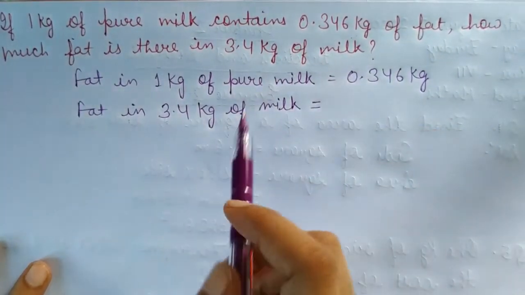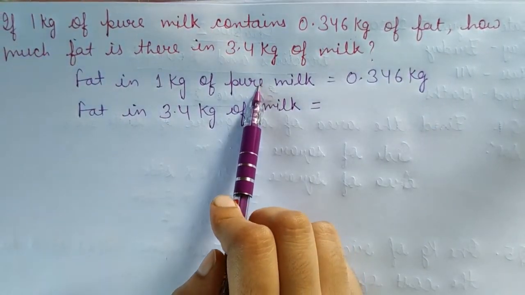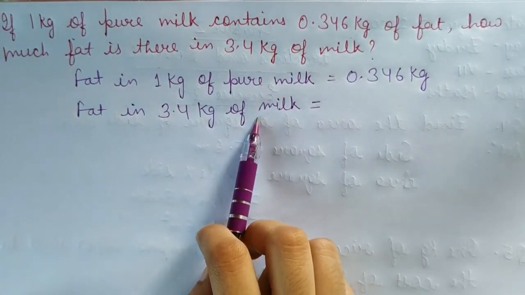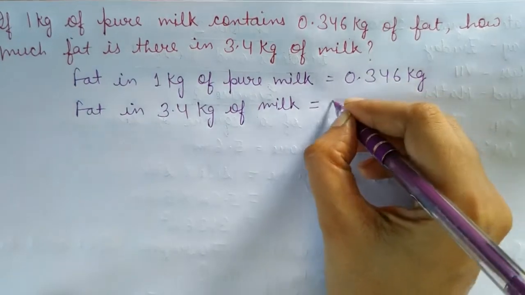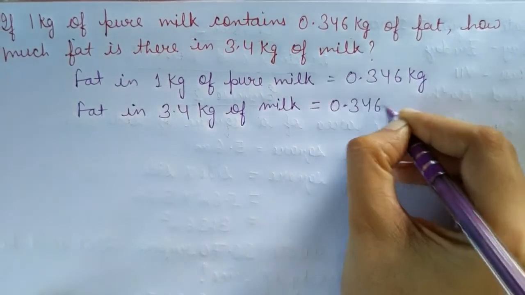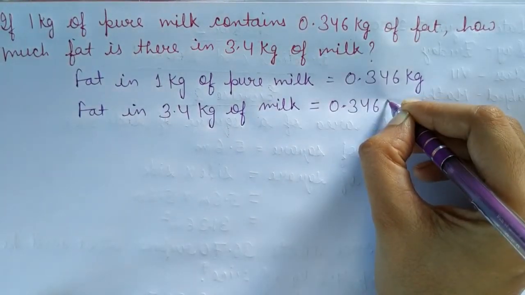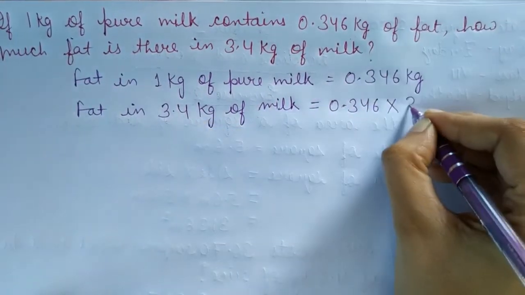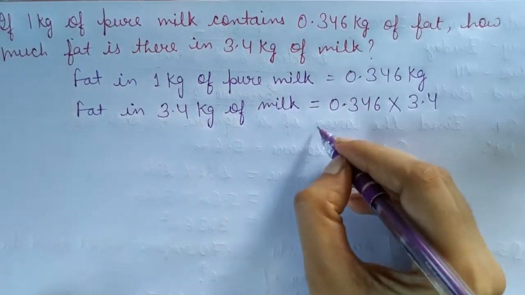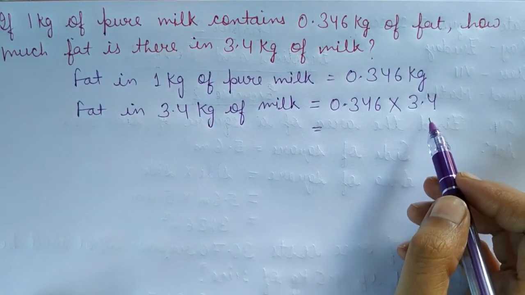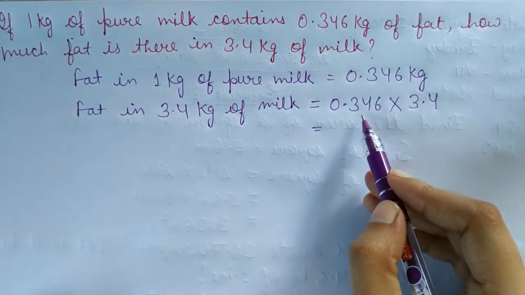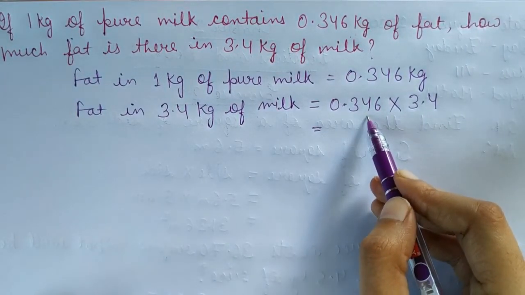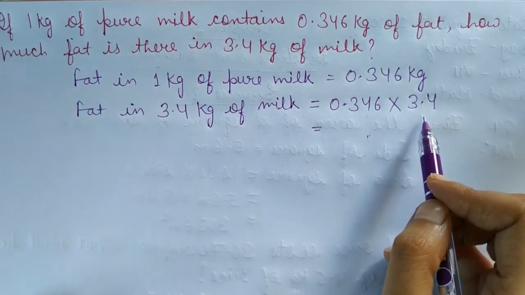As I told you, if we are given anything of one item and we have to find many, we will multiply. So here also we will multiply 0.346 with this 3.4. And when we multiply these two numbers, you know, we will ignore the decimal. So here we will get 346, here we will get 34.